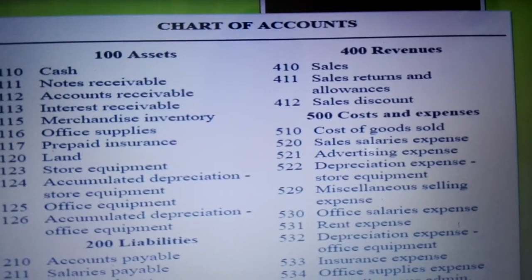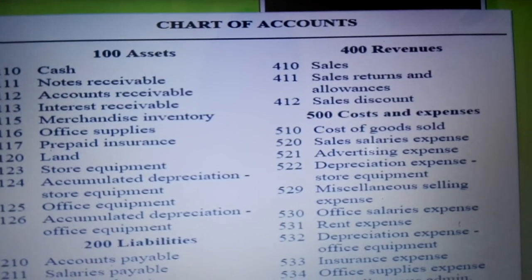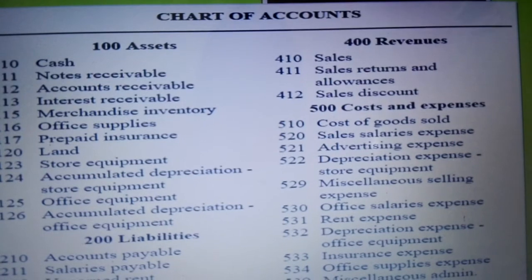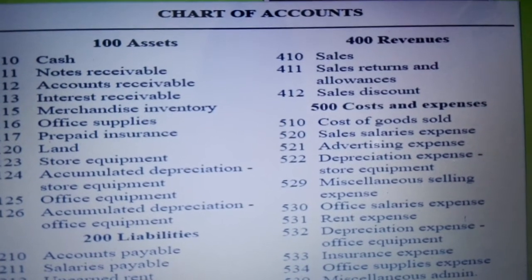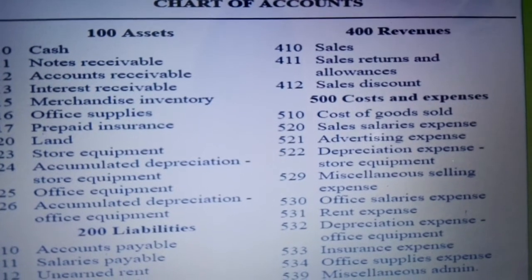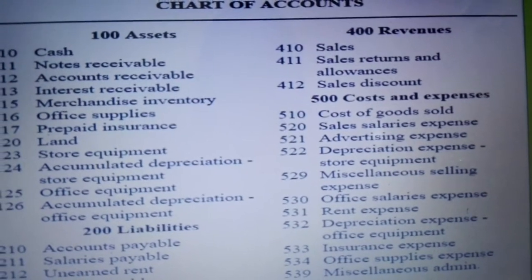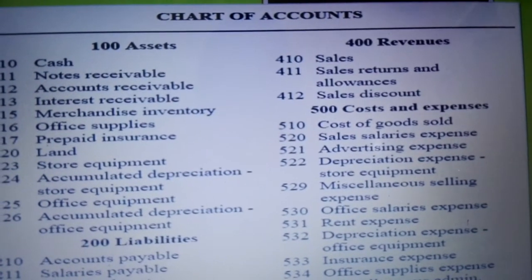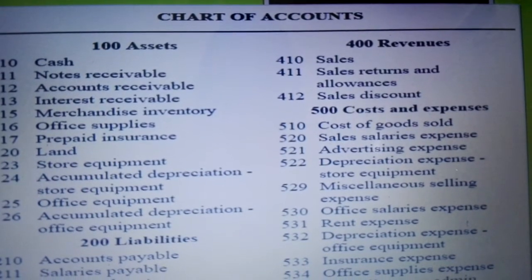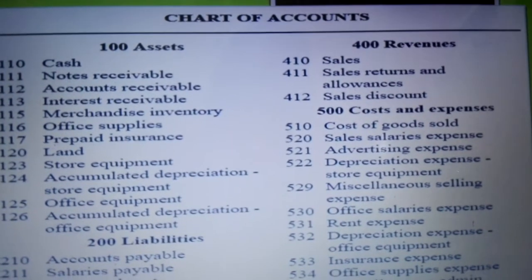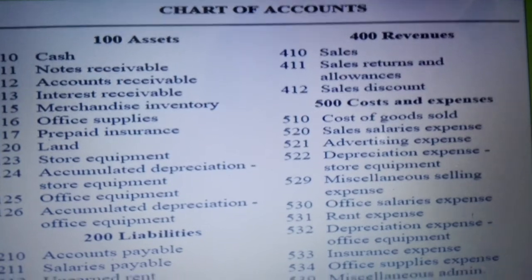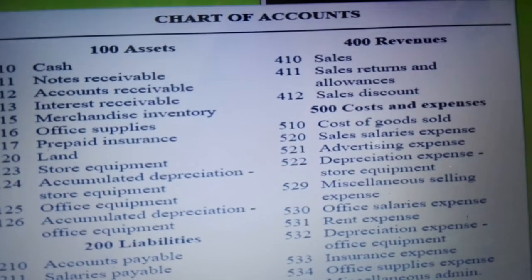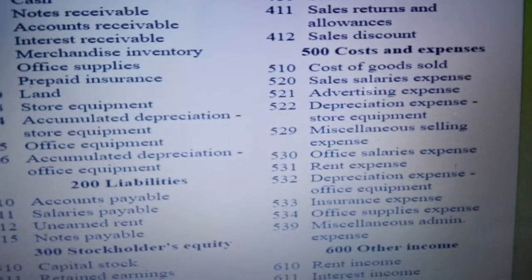Once you have sold an equipment, there is an increase in the cash, and that pertains to the sales of merchandise or cost of sales. In a servicing company, you have service revenue or service income, and of course there will be a cost of service, not a cost of sales.